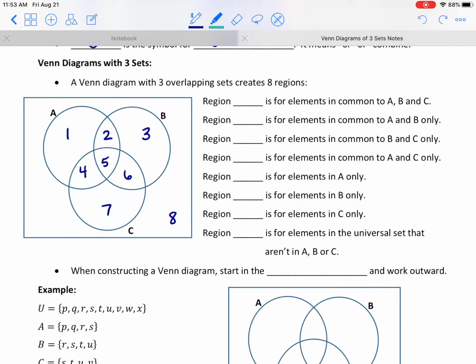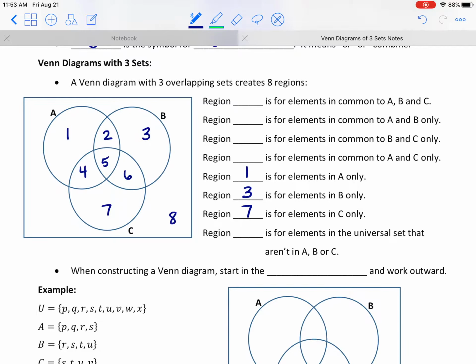So A only, we're going to put a little 1 right there, region 1. And then similarly, in this area, we would have elements that are in B only, and then in this area, we would have elements that are in C only. So region 3 is for B only, and then region 7 is for C only.